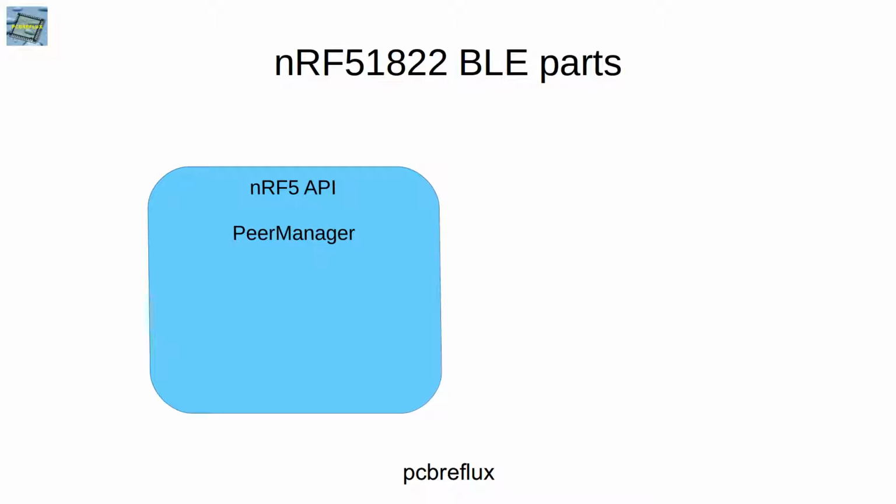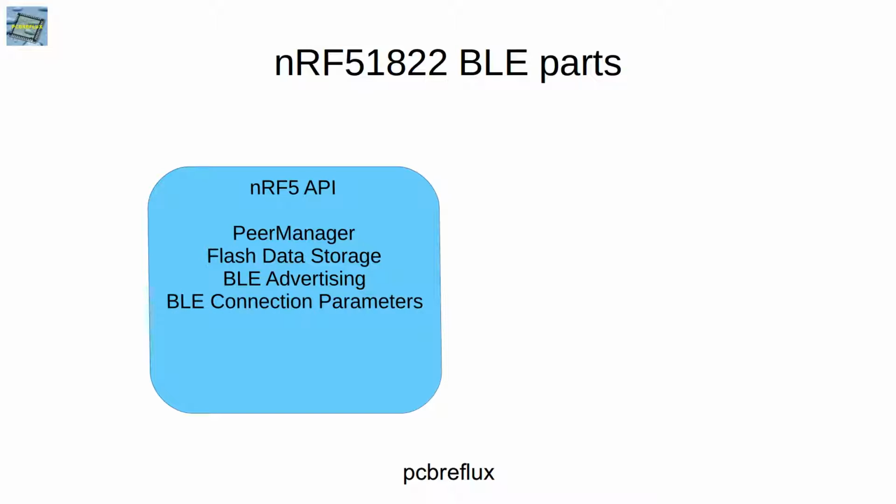Now let's go a little bit deeper. On the nRF5 API we have our peer manager, which keeps track of all the connections to our Bluetooth low energy device, and the flash data storage that stores the connections, and we also have the Bluetooth advertising parameters and connection parameters in the API.